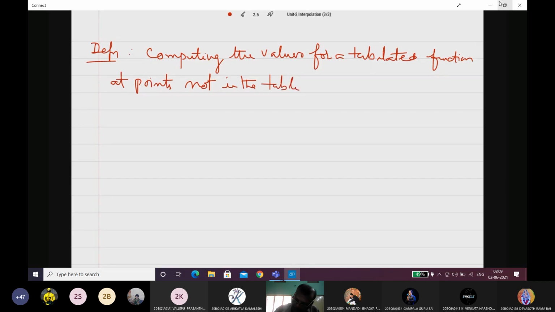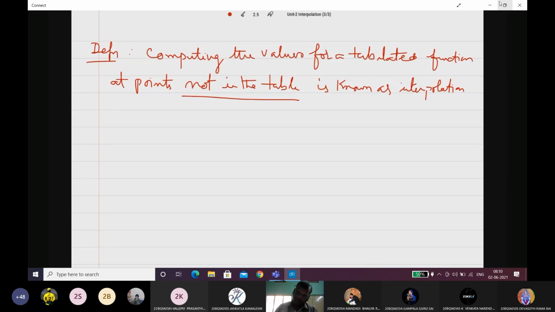This is very, very important. Computing values at points not in the table is known as interpolation.